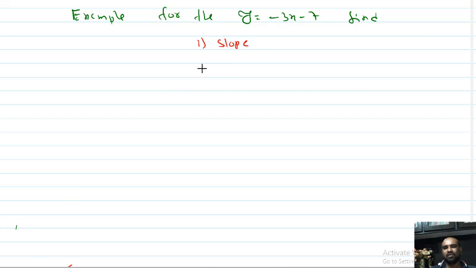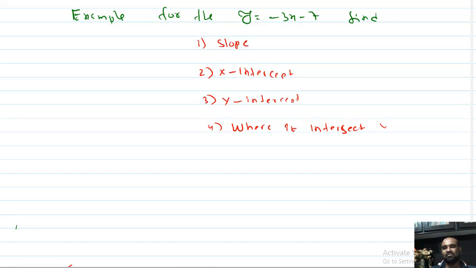Okay, students, listen. Example. For the line y equal to minus 3x minus 7, find: number 1, slope; number 2, x-intercept; number 3, y-intercept; number 4, find the point where it intersects the y-axis.